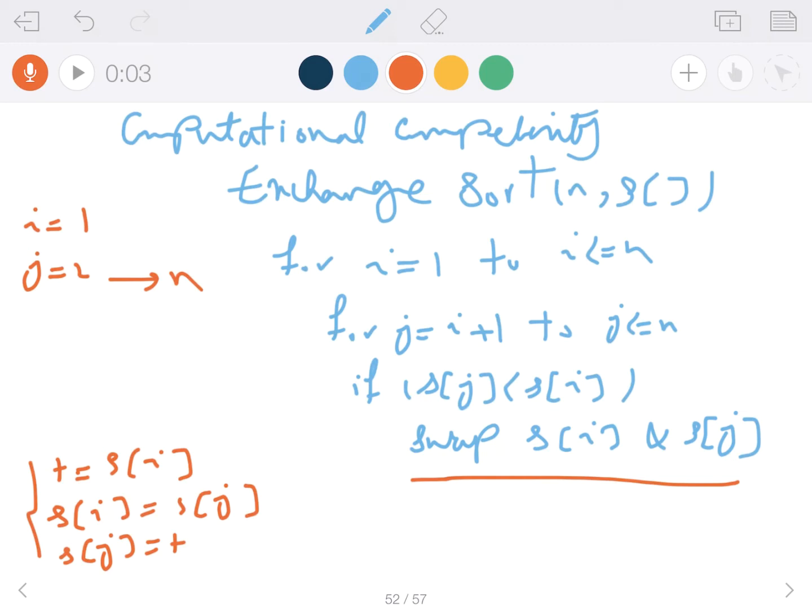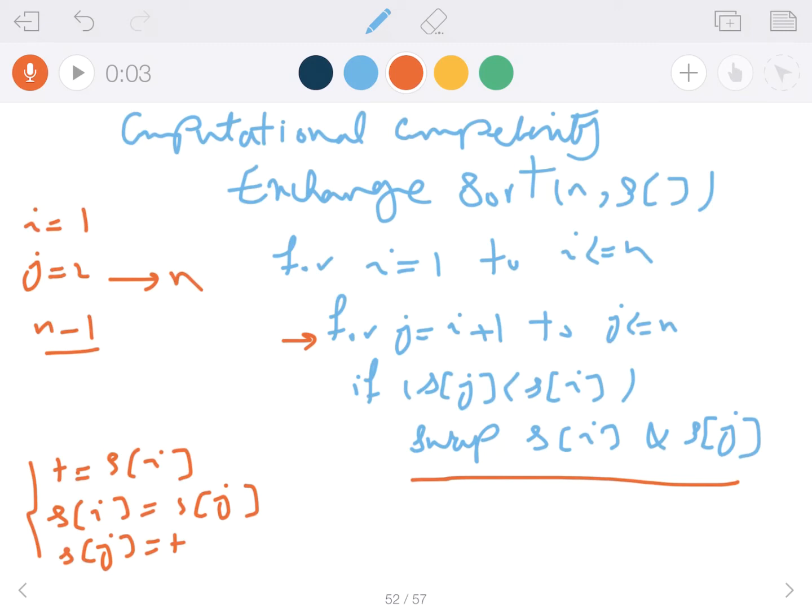In the worst case the if condition holds for all cases, so the inner for loop goes from 2 to n, which gives n minus 1 iterations. That's the number of times we execute the body of the if inside this for loop.